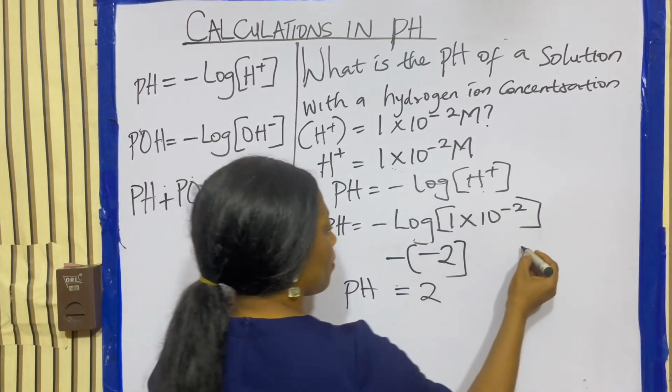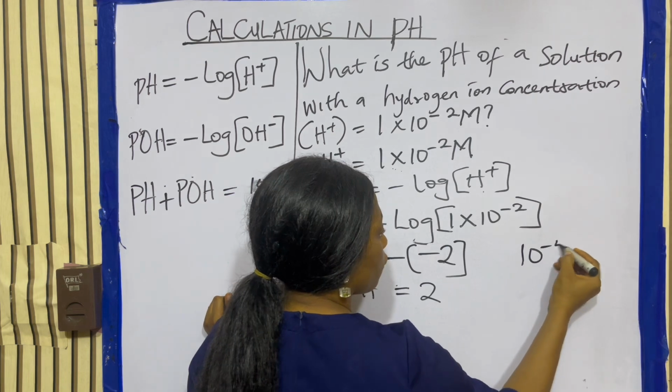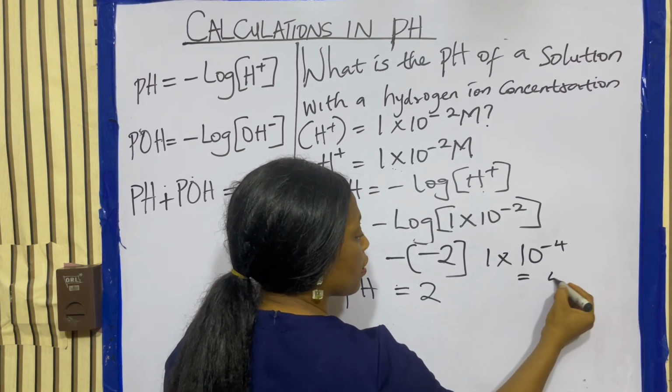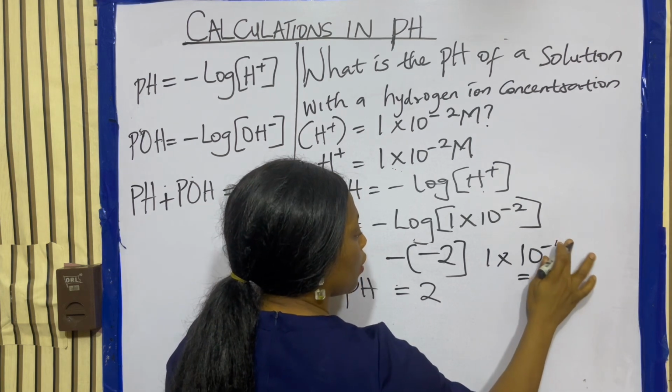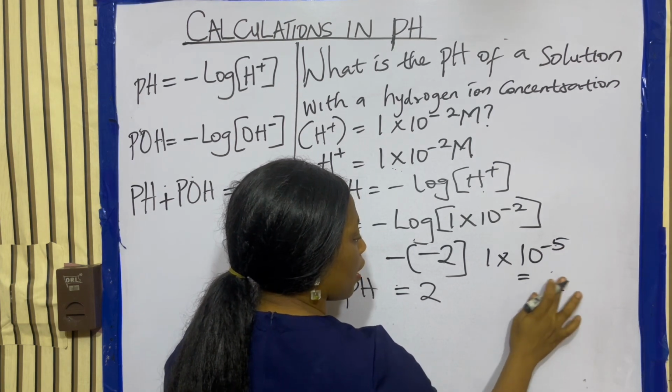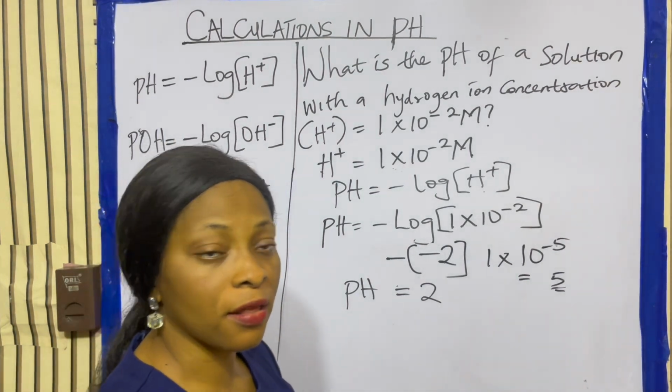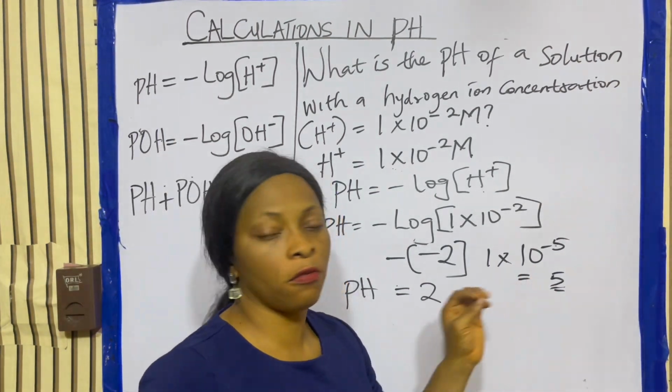Let's say 1 times 10 raised to power minus 4, the pH at the end of the day will be 4. 10 raised to power minus 5, the pH will be 5. That is if it is 1 times 10 raised to power.